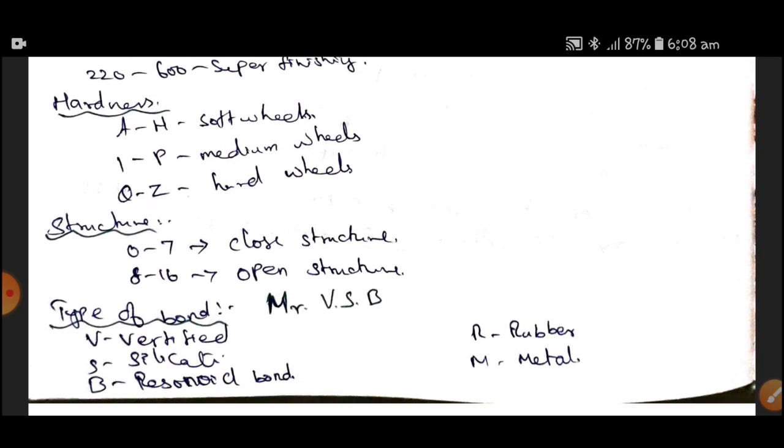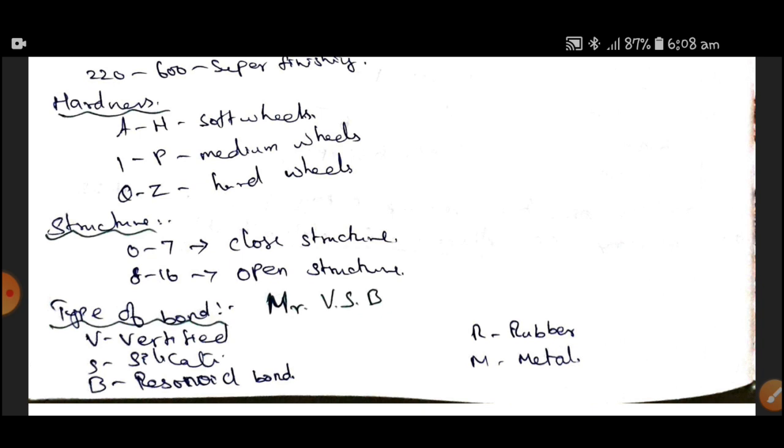And next, we have the type of bond. This is the sixth designation letter. So fifth is the structure, sixth is the type of bond, and the seventh one is the manufacturer specification.